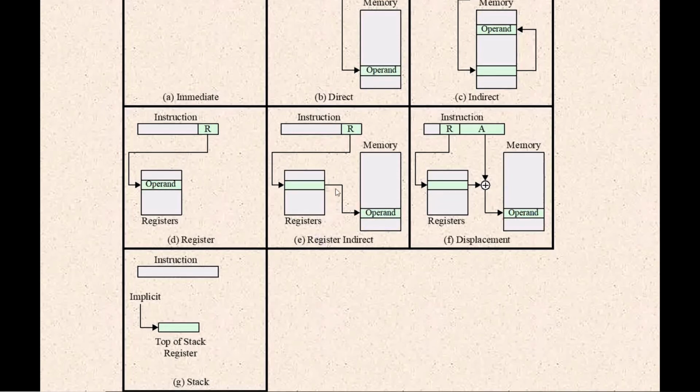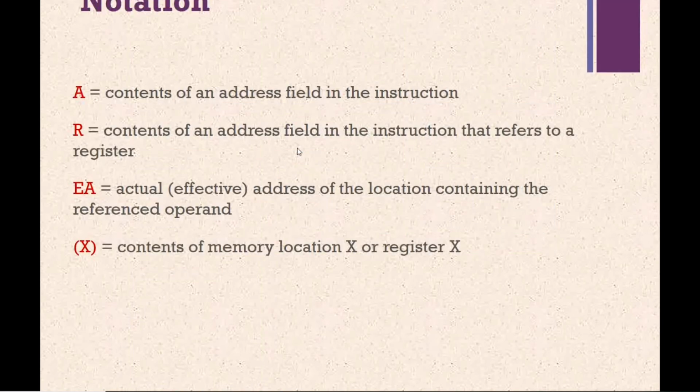Different types of notation are used: A means the contents of the address field in the instruction that refers to a register, EA is the actual effective address of the location containing the referenced operand. X means the contents of the memory location X or register.